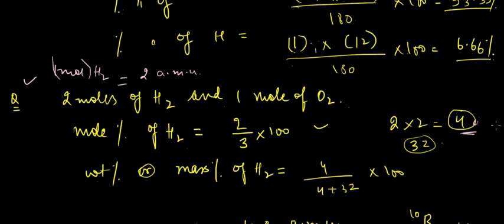So the total weight of 2 moles of hydrogen would be 4. Similarly, for 1 mole of oxygen, the weight would be 32. Okay, so the weight percentage or mass percentage of hydrogen in the mixture would be 4 upon 4 plus 32, into 100.